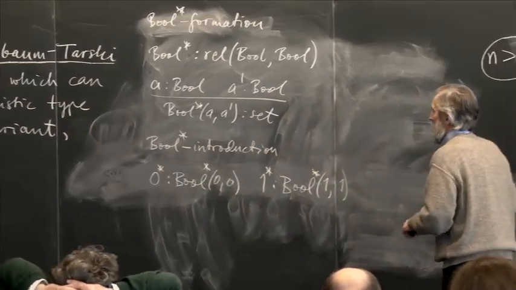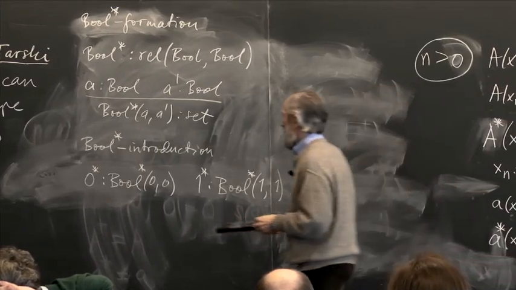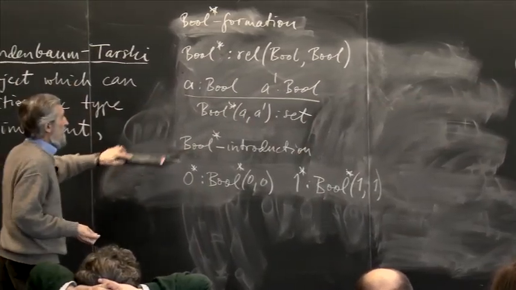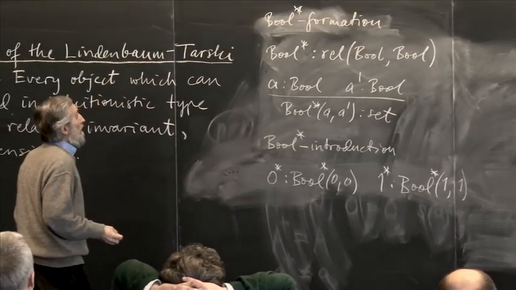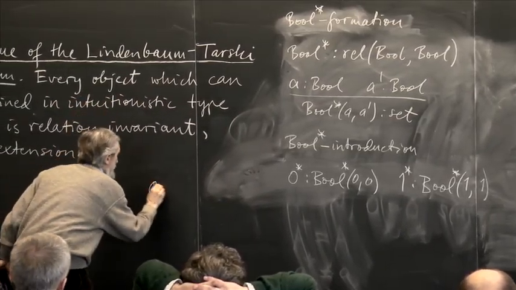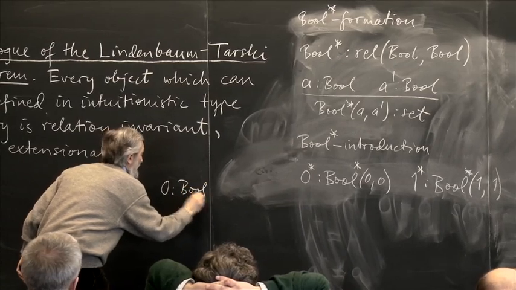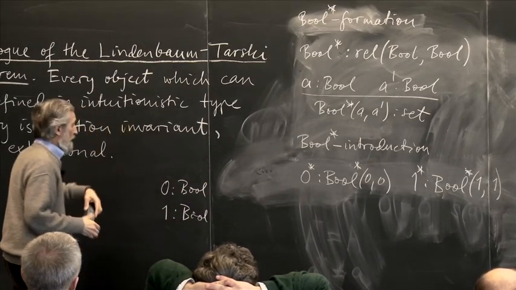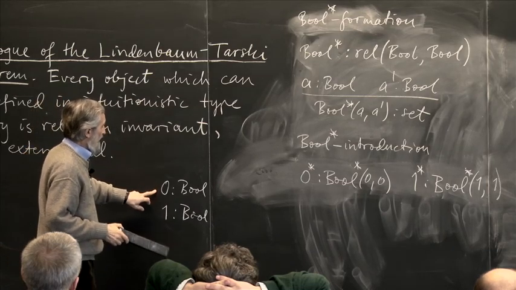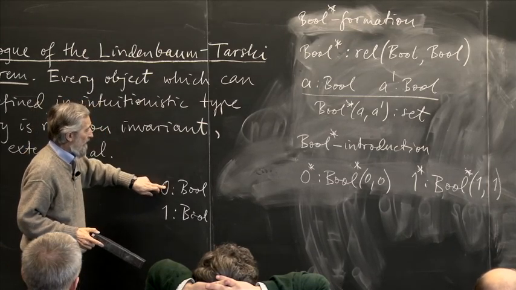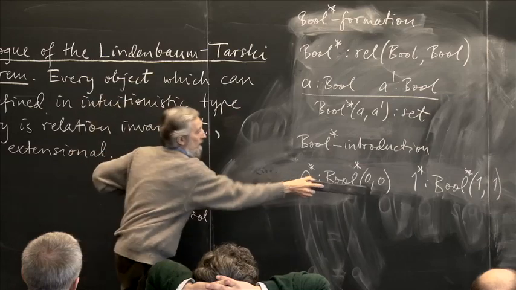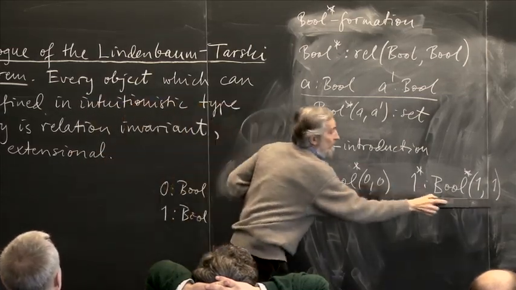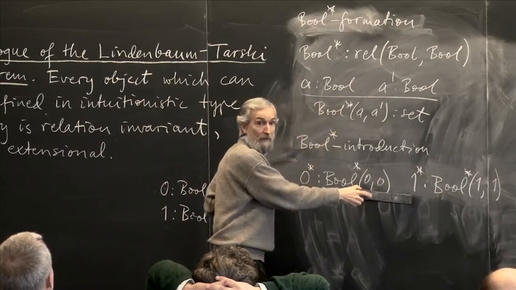And you see that gives us immediately what we must have in order to interpret the standard rules for bool, namely that 0 is in bool and that 1 is in bool, because what we have to show precisely is that 0 is self-related, and it's 0 star that proves that, and that 1 is self-related, and that is proved by 1 star.